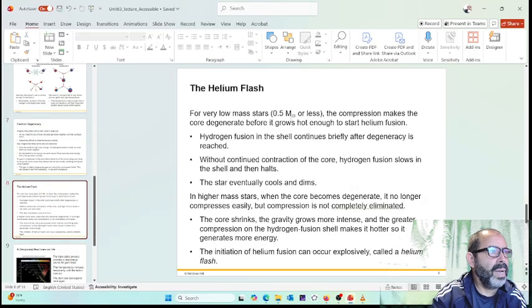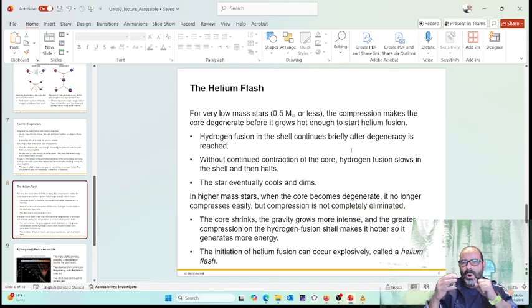So for low mass stars, the hydrogen fusion in the shell continues, but briefly. For example, Proxima Centauri is a low mass star. Once they run out of hydrogen inside their core, they still collapse further.